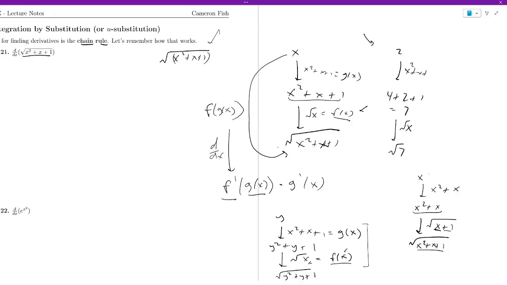So if we think about our arrows here, derivative is total change, basically, right? So what's the total change in my output function, square root of x plus x plus 1, when I change my input a little bit? Well, first changing this input affects how the middle step changes, and that's represented by the g prime here.